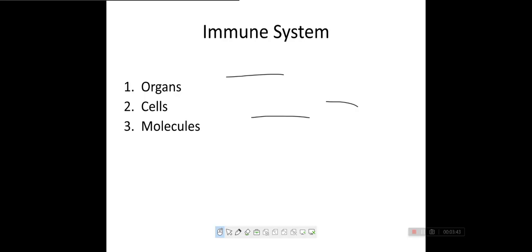Immune system. What comes under the immune system? In the immune system come organs, cells and molecules.